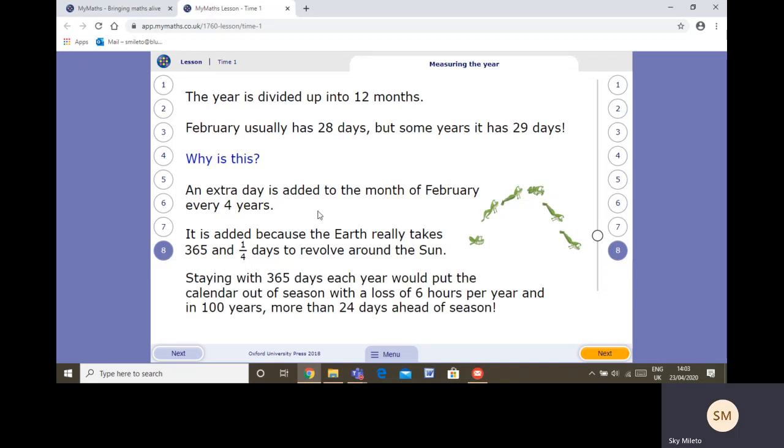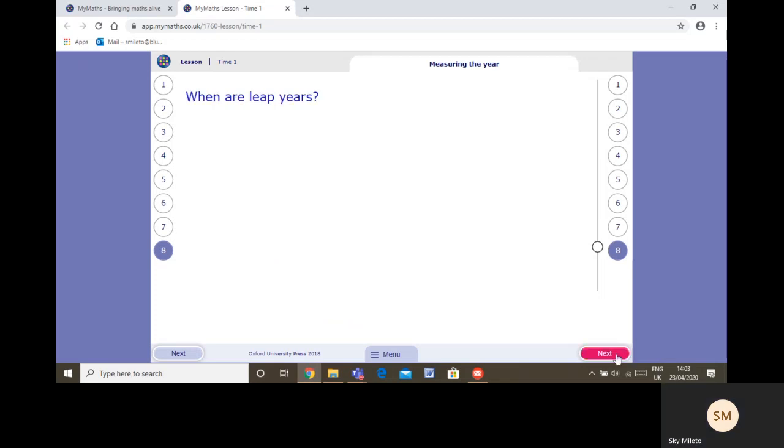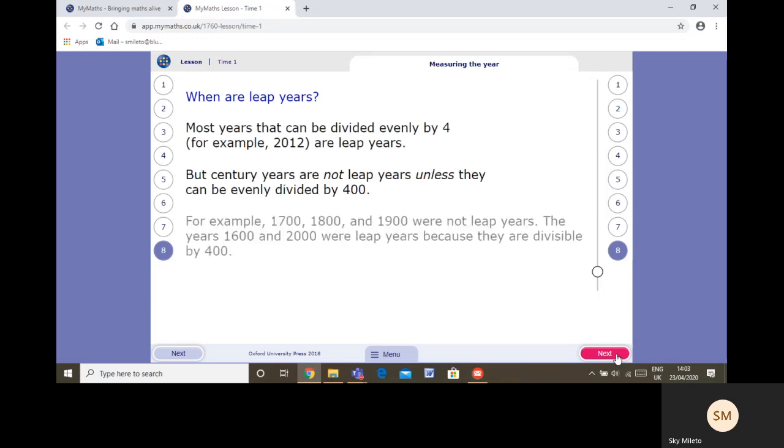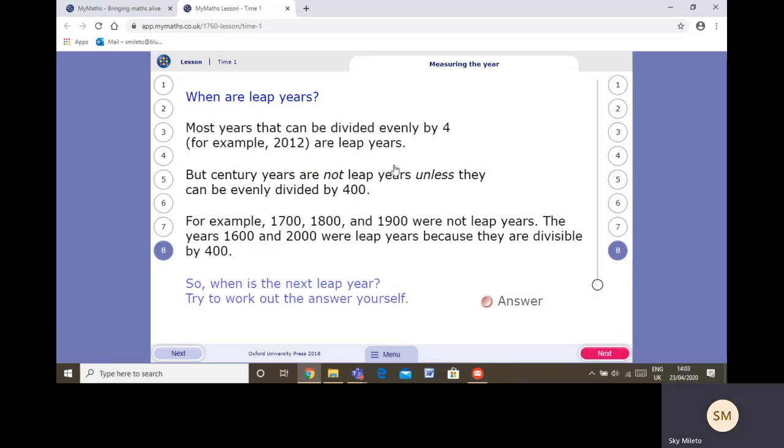If you want to know why, you don't need to know why in Year 3. If you want to know, you can read the description here. So you can know when some of the leap years are.